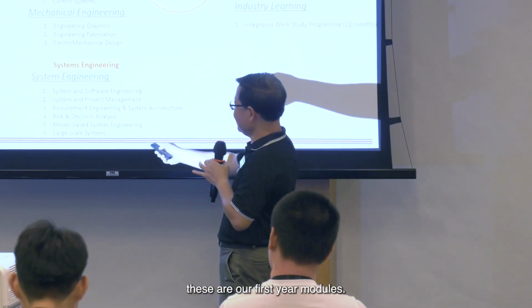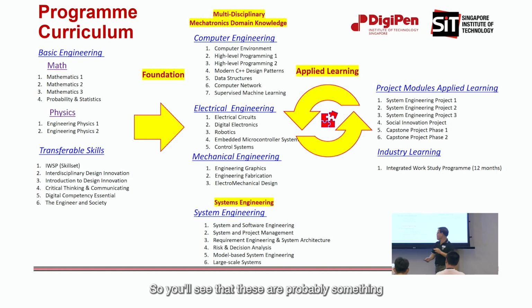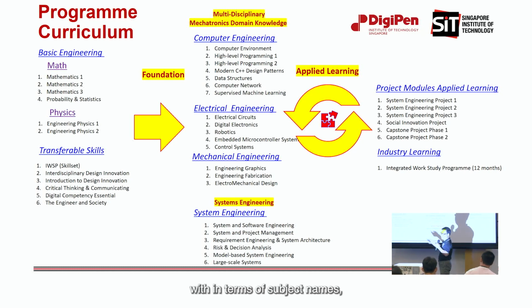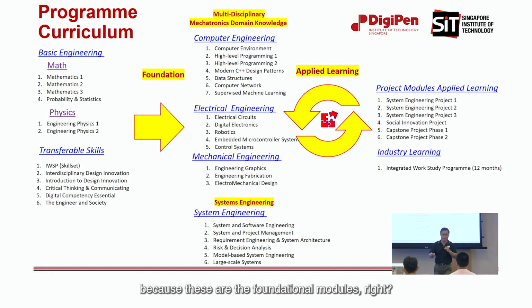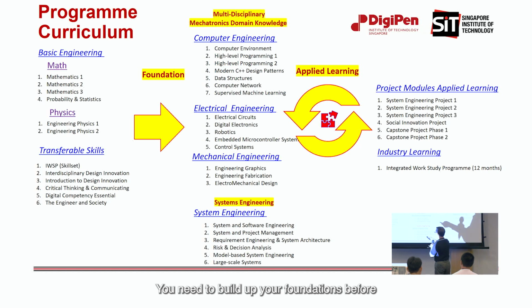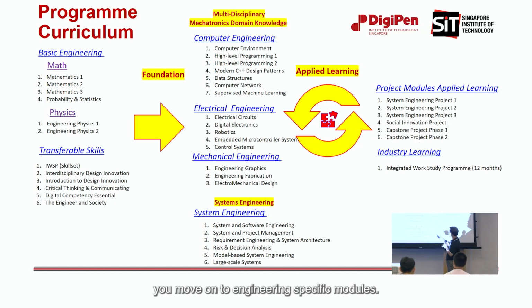Starting on the left, these are the first-year modules. You'll see these are probably something you are quite familiar with in terms of subject names, because these are the foundational modules. You need to build up your foundations before you move on to engineering-specific modules.